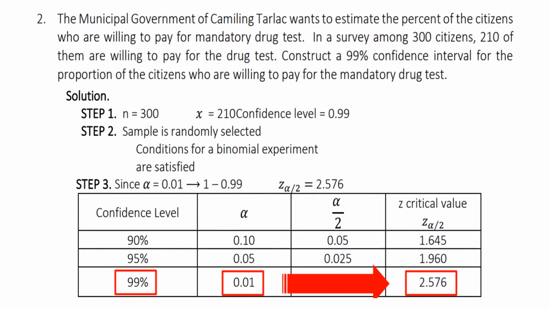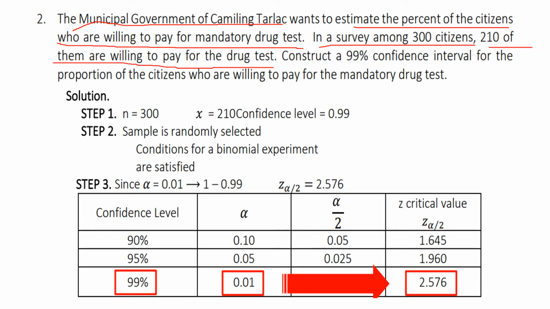For example number 2, for population proportion, the municipal government of Camiling, Tarlac wants to estimate the percent of the citizens who are willing to pay for mandatory drug tests. In a survey among 300 citizens, 210 of them are willing to pay for the drug test.